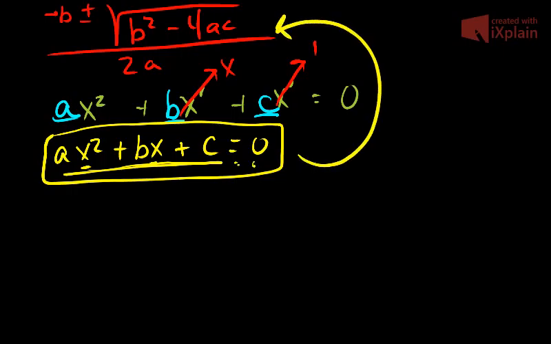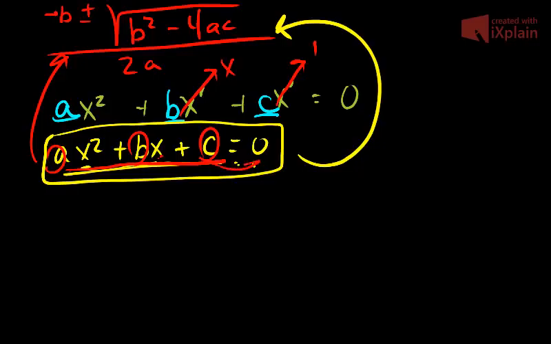I can literally just take whatever these coefficients happen to be and plug them in according to this, and out will pop the answer. We often get a physics equation in this format, and we want to know what value of x makes this thing go to 0. All right, so let's try an example.